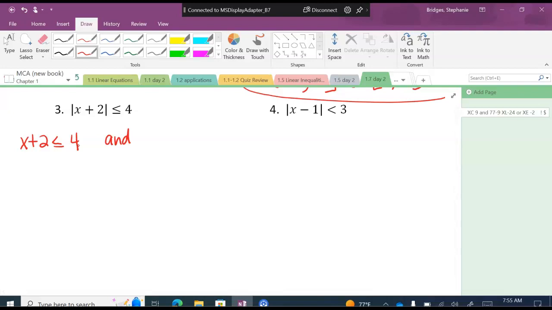What's the second one going to look like? Perfect. X plus 2 is greater than or equal to -4. Solve each one of those now. Once you get it solved for x, then you want to go to your graphs.